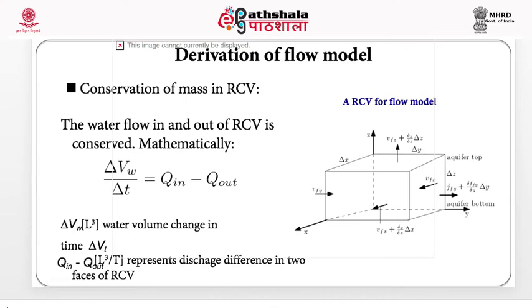So what we do in the derivation is that we sum up all the amount of water that is exiting from each side of the cube and sum them together. Now we can find Q in minus Q out, and we can get the expression that you can see in the screen. So now we have our expression for Q in minus Q out.